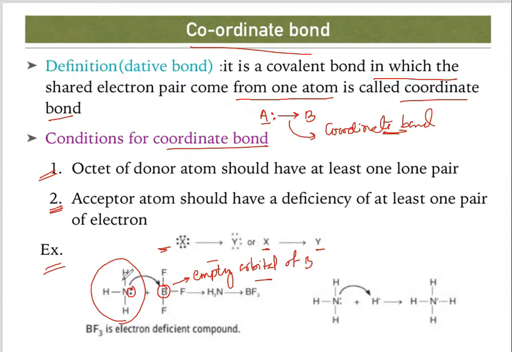This NH3 is called the donor, and this BF3 is called the acceptor. So there is a bond between nitrogen and boron, and that bond is called a coordinate bond.